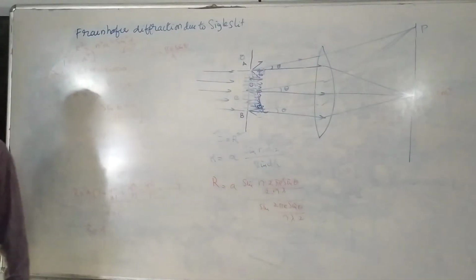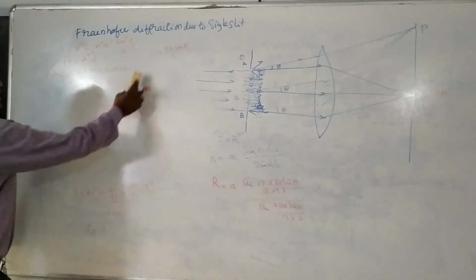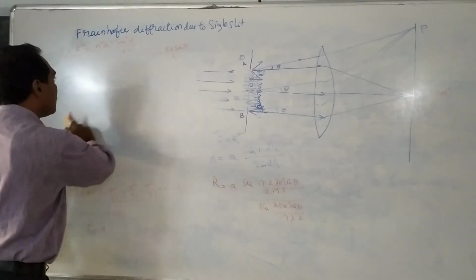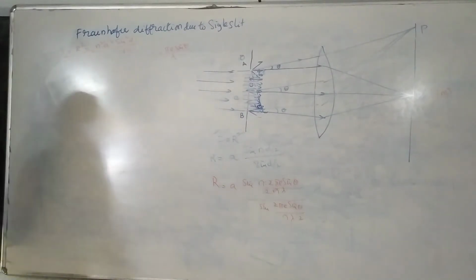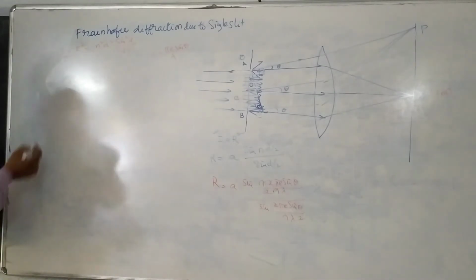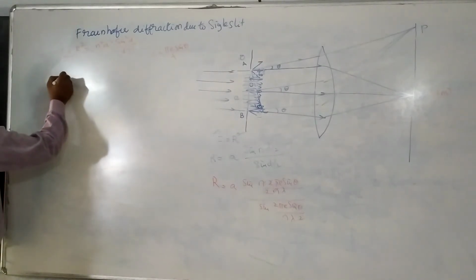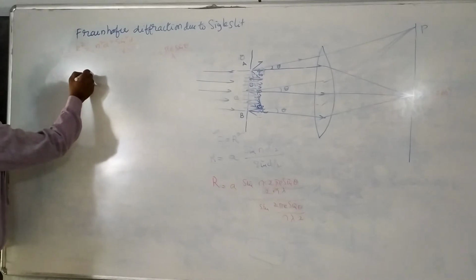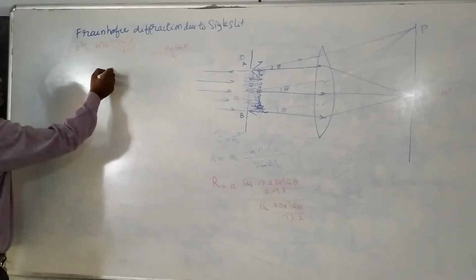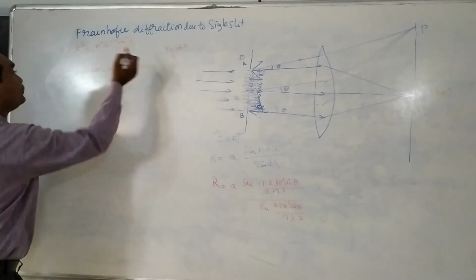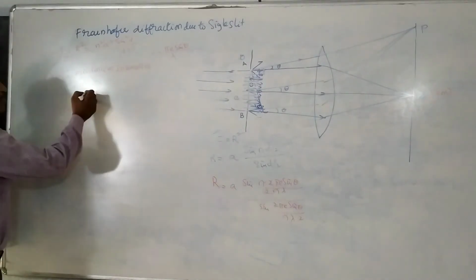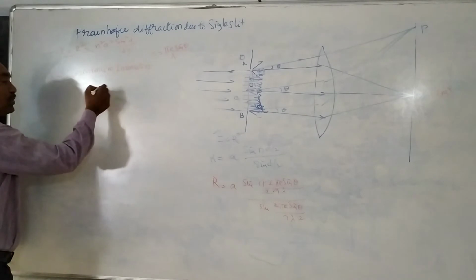Next, what we require? Minimum intensity. Minimum intensity is nothing but I must be 0 or R must be 0. So for the minimum intensities case, R is equal to 0 is required.